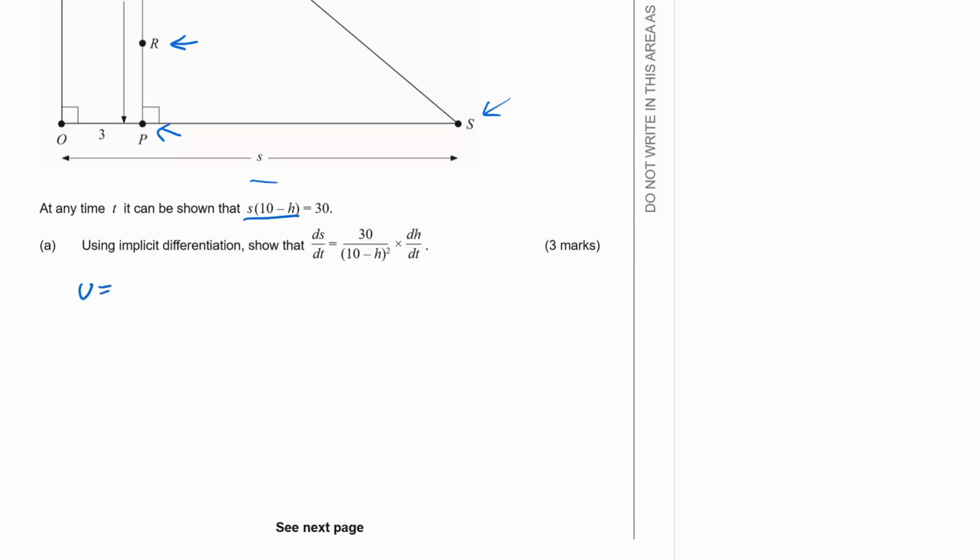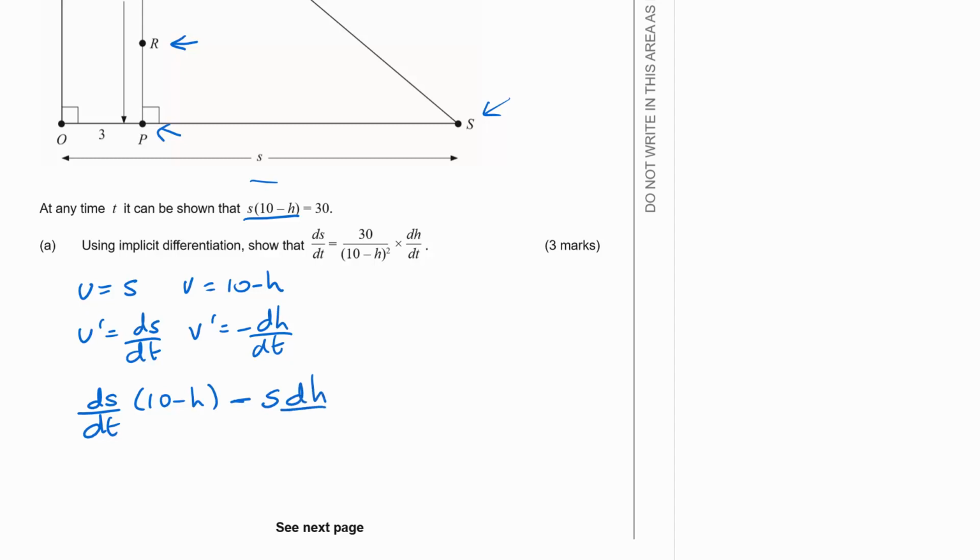If I say that u is equal to s and v is equal to 10 minus h, then u dashed will be equal to ds/dt, and v dashed will be equal to negative dh/dt. So ds/dt times (10 minus h), that's the v, take away s dh/dt is equal to 0.